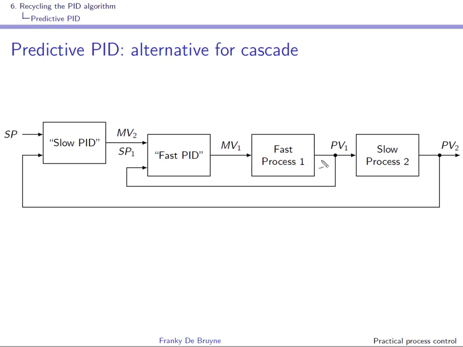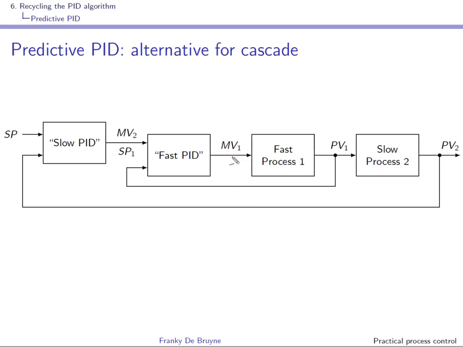If you do not implement a cascade solution here and you only work with the control of PV2 using one controller and you don't have this inner loop, well, if you have a load disturbance, it will only be detected when it's visible on PV2 and therefore it will be too late.